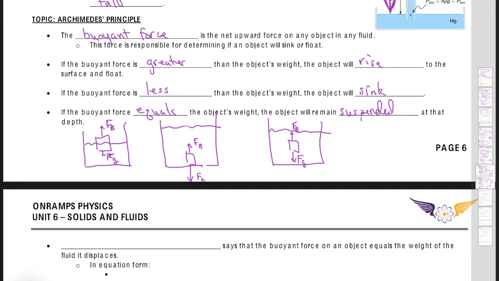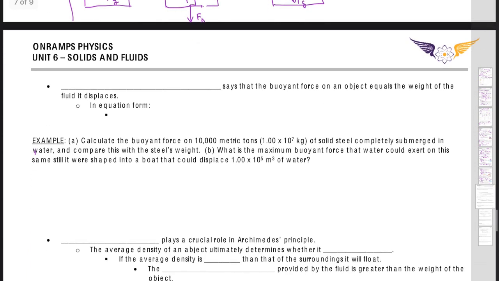Now, where does this come from? This comes from the principle that we know as Archimedes' principle. Archimedes' principle says that the buoyant force on an object equals the weight of the fluid it displaces.